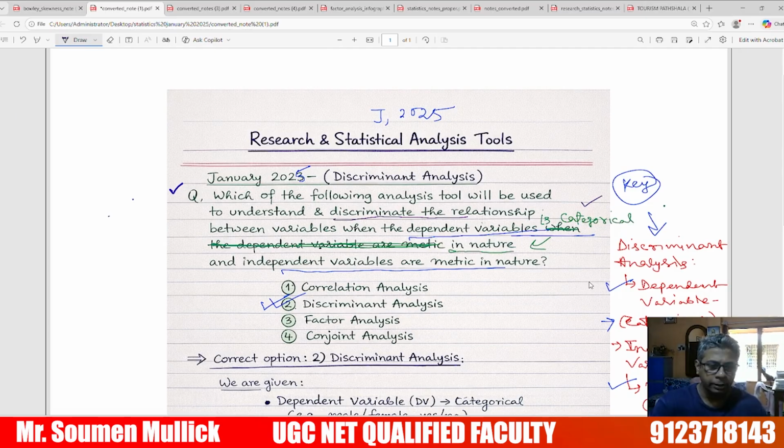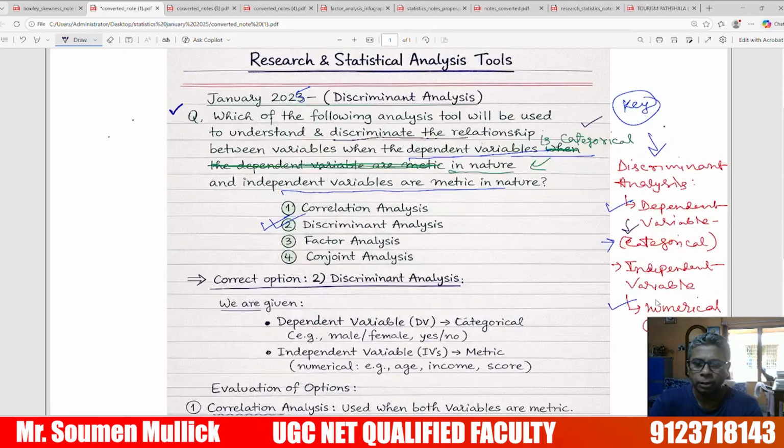They have told in this question the dependent variable is categorical and the independent variable is metric in nature. They have given four options.